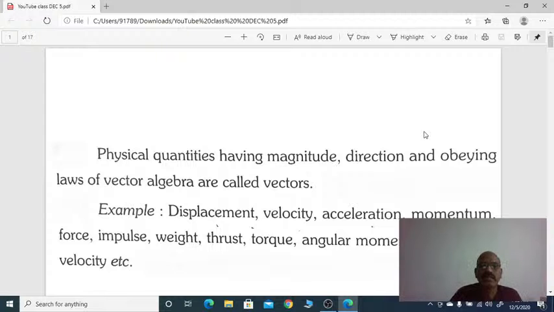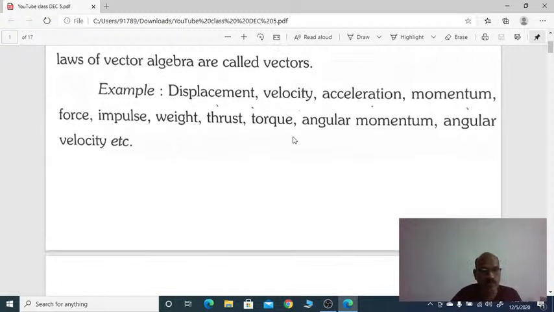In vectors, different types of vectors are there. Mainly you must know the unit vector, whose magnitude is 1, and the null vector, the vector whose magnitude is 0.